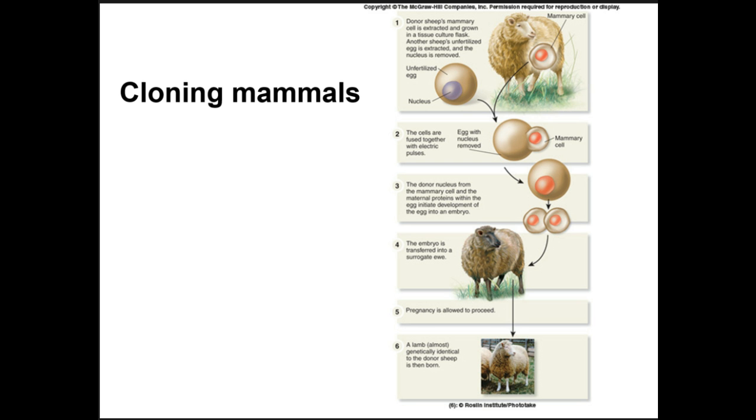And then after a small number of cell divisions, they took this embryo and put it into a surrogate sheep. The pregnancy was allowed to proceed, and then this sheep gave birth to a baby lamb called Dolly, who was actually a clone of the sheep for which we got the mammary cell and the diploid nucleus. So Dolly is a clone of the sheep that we first started with, for which we got the diploid nucleus from.